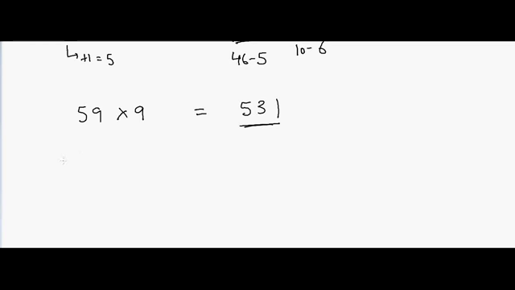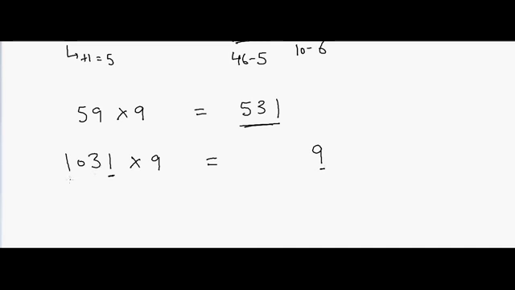Now this formula will also apply for very large numbers. So suppose I have 1031 and I want to multiply by 9. So let's see. First I'll take the 1. So if I use this, then 10 minus 1 is 9. So the last digit would be 9.